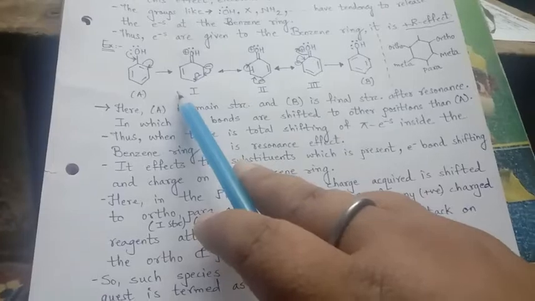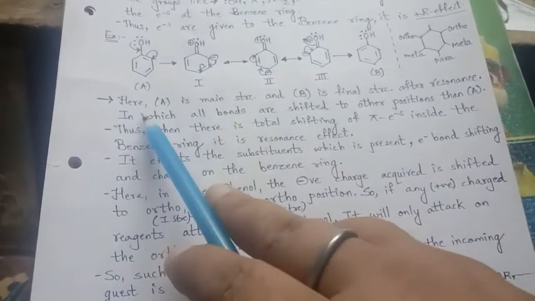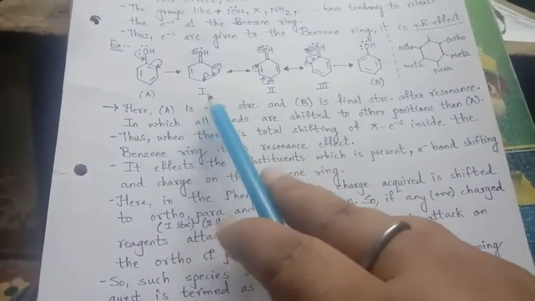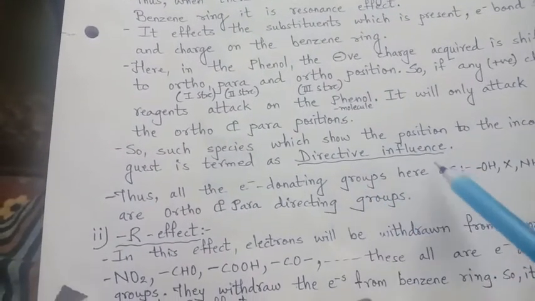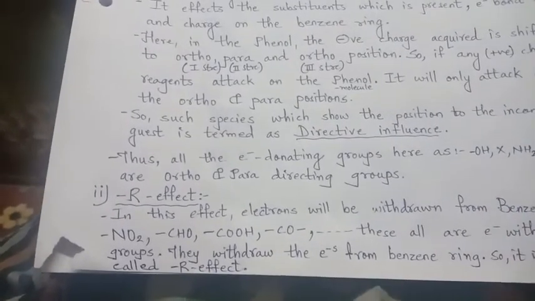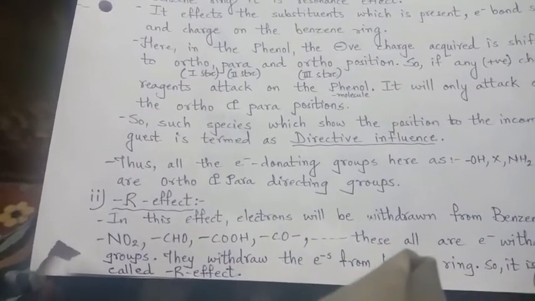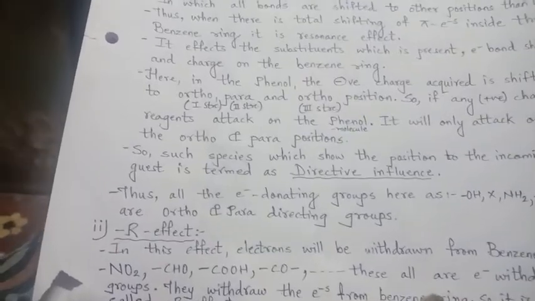Then that effect or that guidance or that process is termed as directing influence. Directive influence, right? This directive influence you will learn in 12th standard in a little deeper manner.